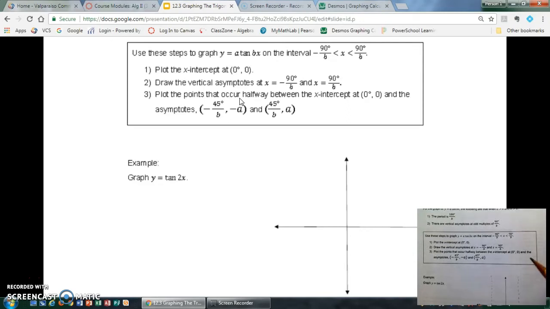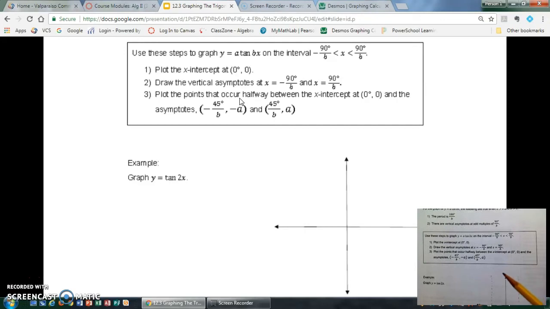So in your discussion, as you thought about why the tangent graph has asymptotes, the tangent can be thought of as the sine divided by the cosine. If you look at opposite over hypotenuse, adjacent over hypotenuse, the tangent is the opposite over the adjacent, so sine divided by cosine.